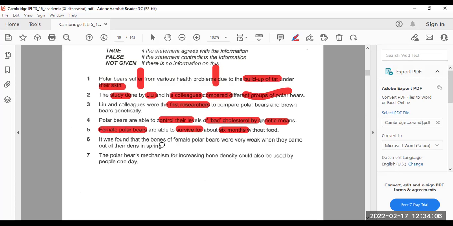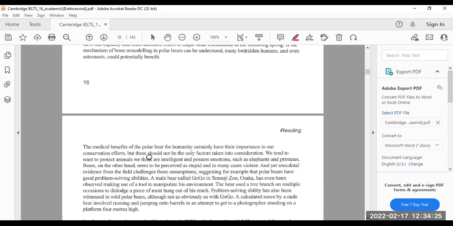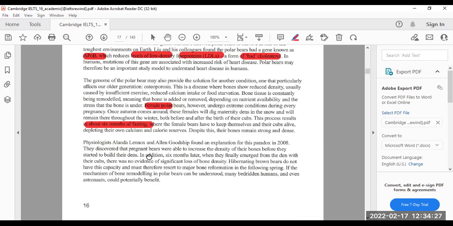It was found that bones of female polar bears are very weak when they came out of their dens in spring. So what is here? Bones of female are very weak when they come out of their dens in spring. So with this, I go to the passage. So again, depleting their own calcium and calorie reserves.